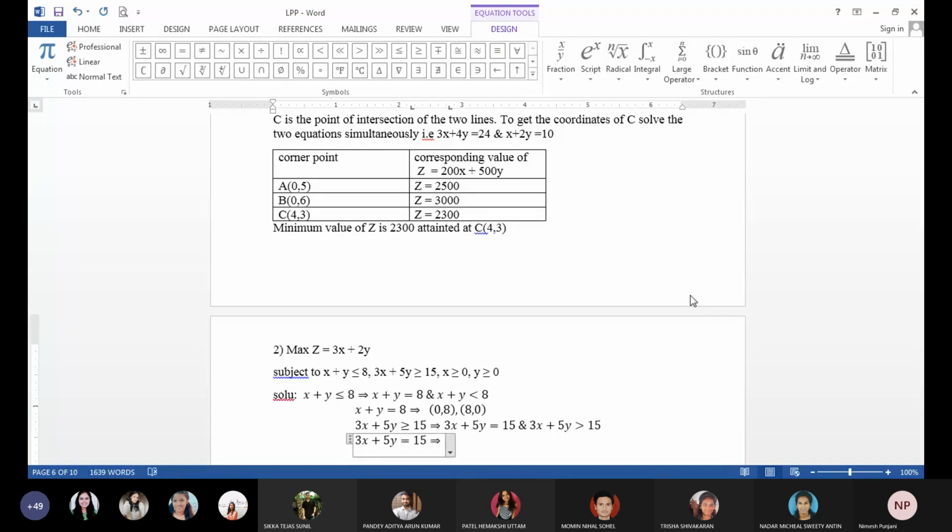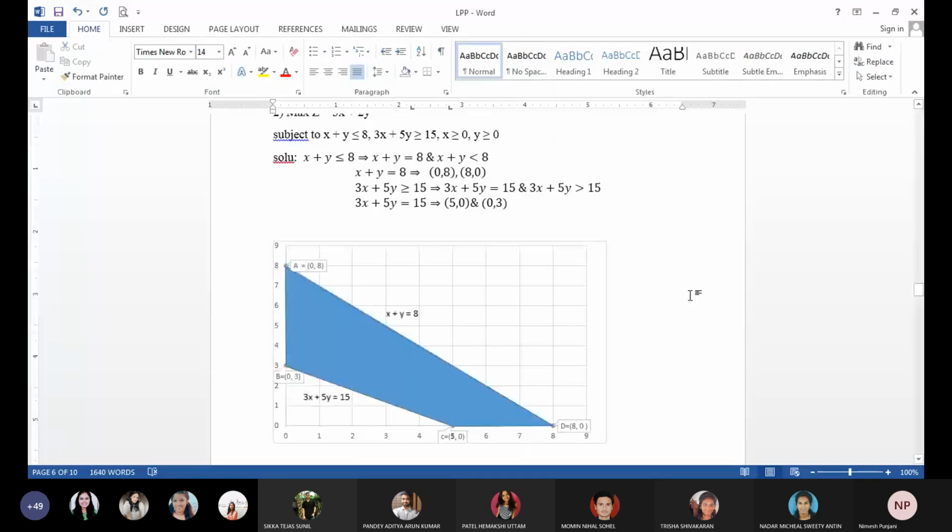This line will pass through which 2 points? 5, 0 and 0, 3. So we get 4 points. You can see this is the region.